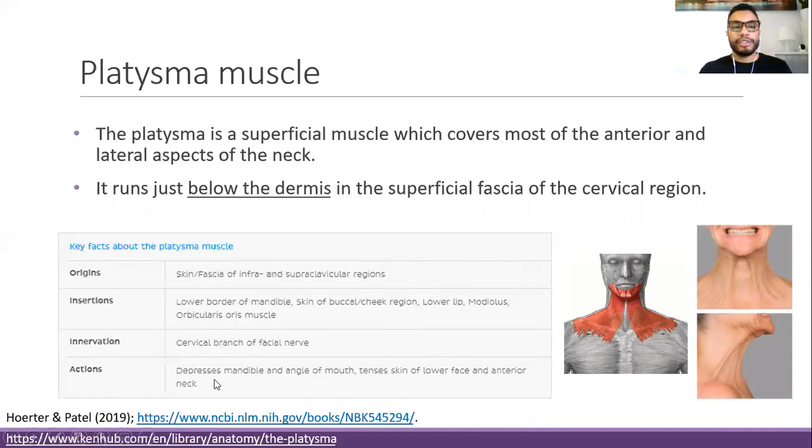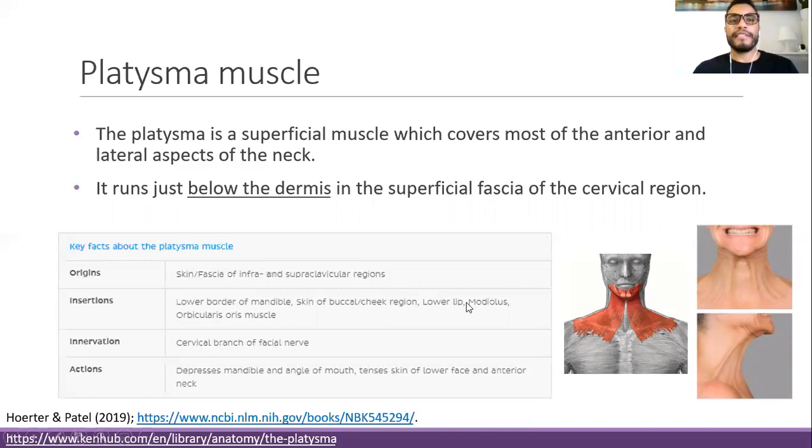The actions are to depress the mandible and the angle of the mouth. It tenses the skin of the lower face and anterior neck. As you see here in this picture, it goes like this. Can you see my platysma contract? So that's it.